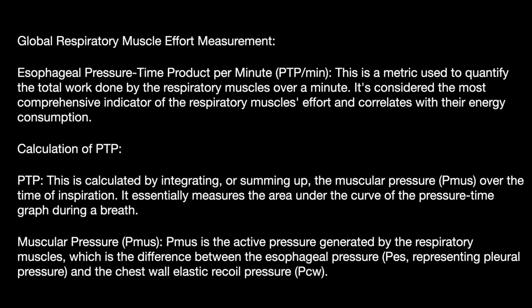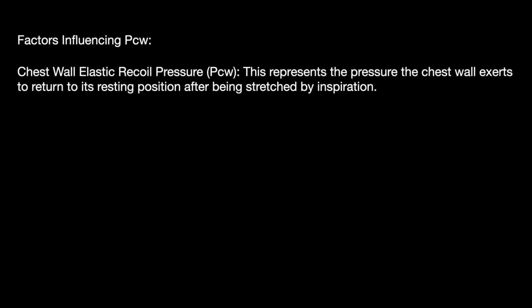So what is PMUS? That is the muscular pressure. PMUS is the active pressure generated by the respiratory muscles, which is the difference between the esophageal pressure and the chest wall pressure, the chest wall recoil pressure, that is. So what are the factors that influence the chest wall recoil pressure?